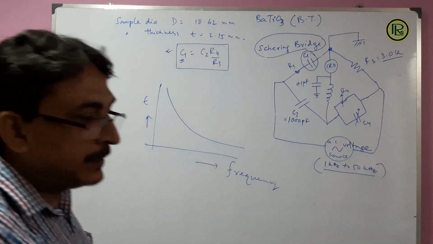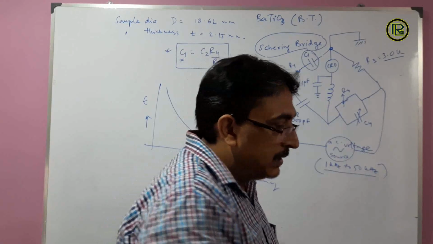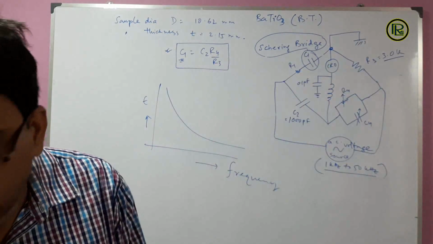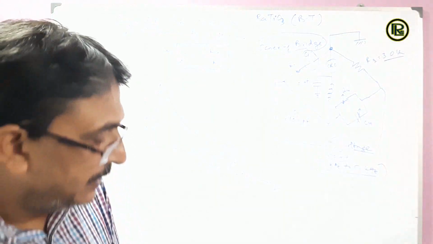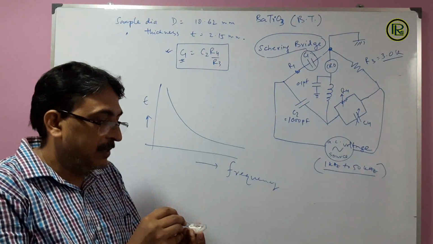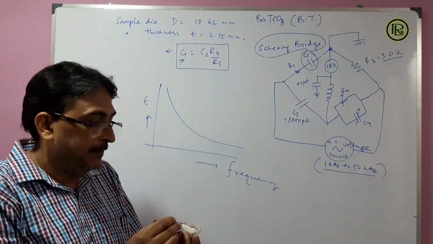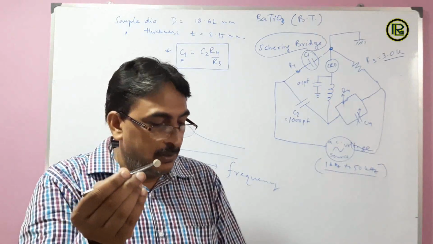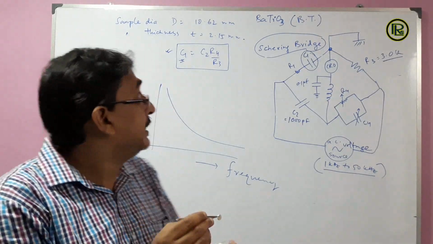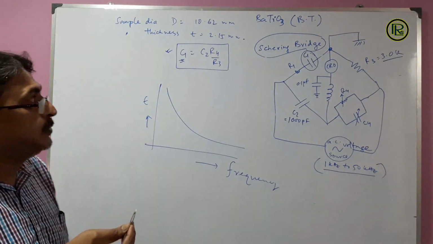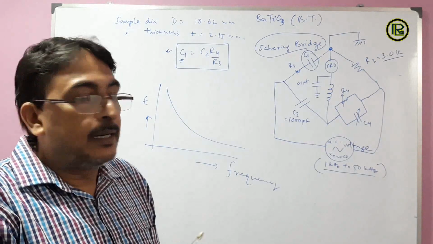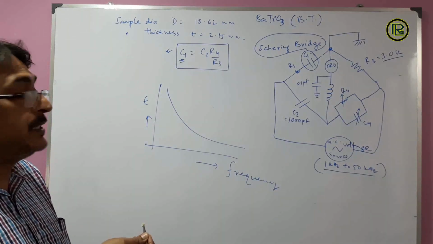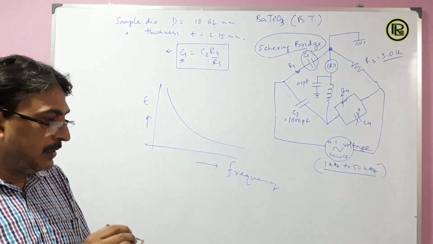Before that, we must first know the sample. This is our sample, barium titanate, BT. It has a thickness of 2.15 millimeter and a diameter of 10.62 millimeter.